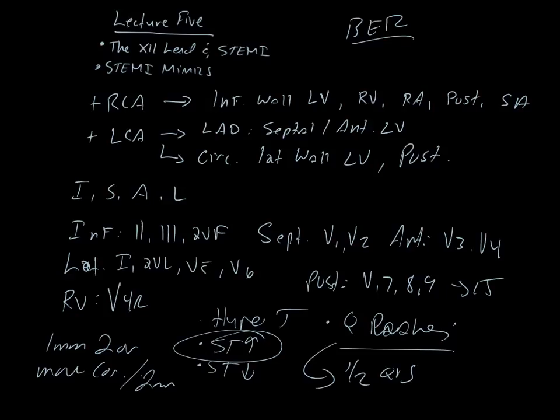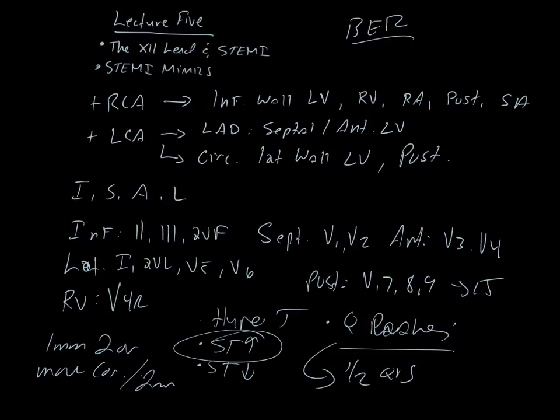And where do you see the elevation? Like overall. It's diffuse, right? You see diffuse elevation. Does that make sense? Whereas with a STEMI, you tend to have it isolated to certain lead groups. And you have no reciprocal changes with early repolarization, right?